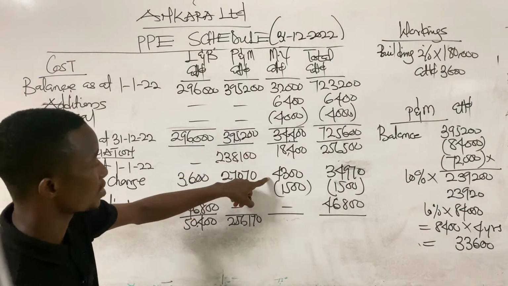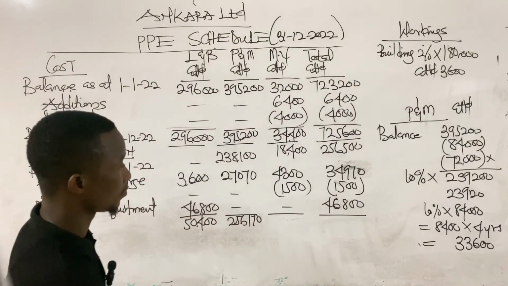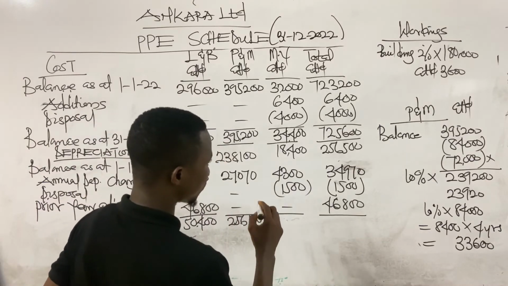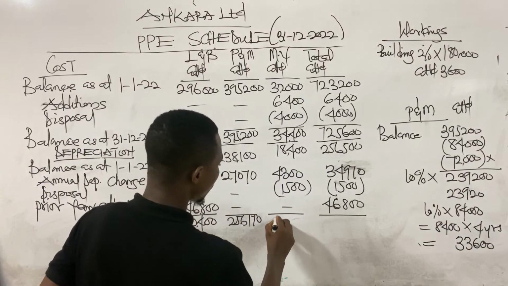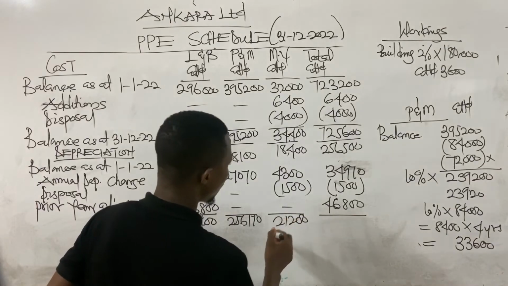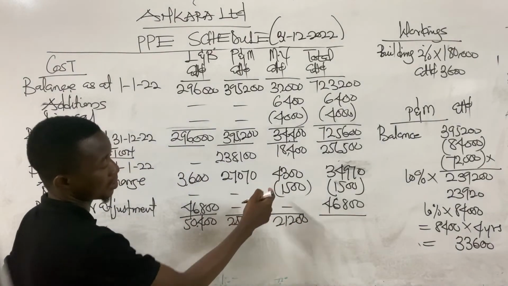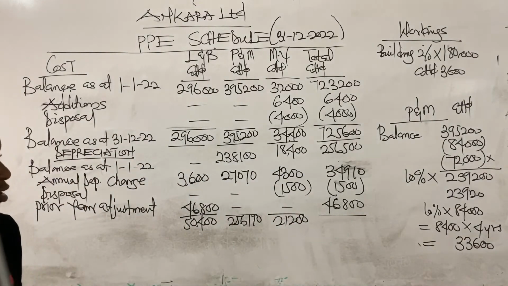Then we add this to this and subtract this, and this will give us an amount of 21,200.